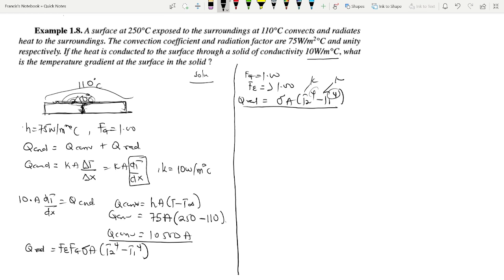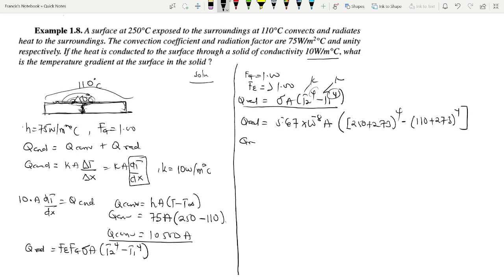Now Q radiation becomes 5.67, which is the Stefan-Boltzmann constant, times the area multiplying T2, which is the surface also losing heat by radiation. So 250 plus 273 exponent 4 minus, for the atmosphere, 110 plus 273 exponent 4.